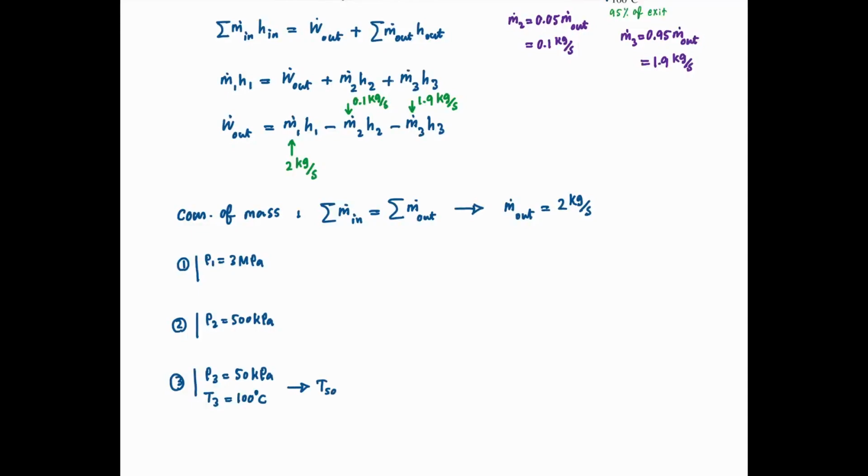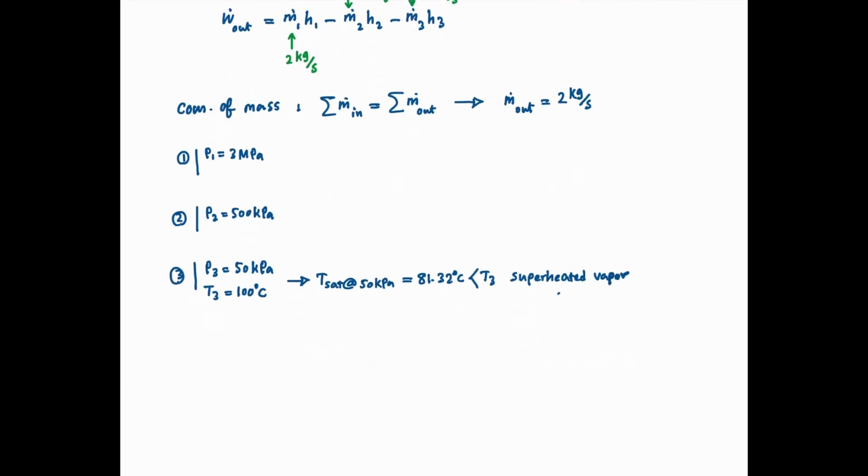T sat at P3 50 kilopascal from table A5 is 81.32 degrees C, which is less than the given temperature, so state 3 is superheated vapor. I can go to table A6 at the given pressure and given temperature. I'm going to read for enthalpy. Enthalpy is 2682.4 kilojoule per kilogram.